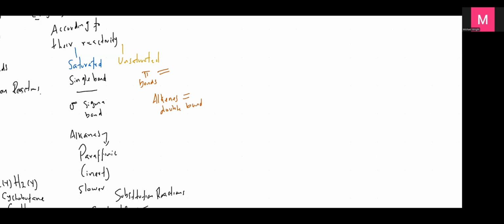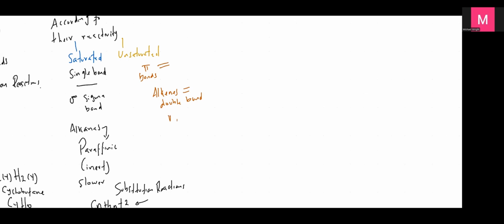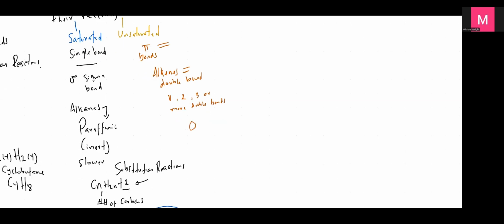Okay. Right, but it can have also one, it can have two, it can have three or more double bonds. Got it? They are known as oleophilic compounds.